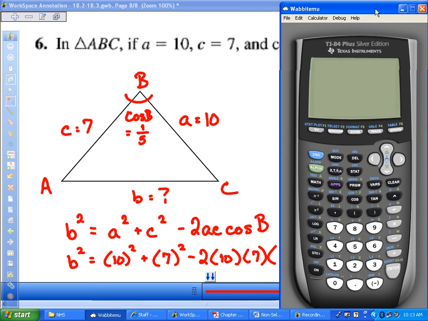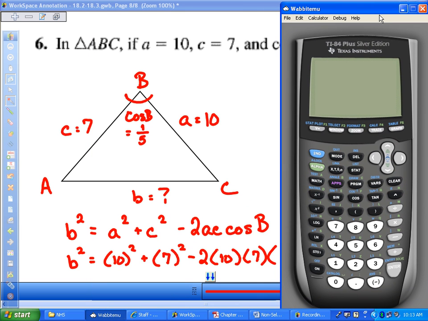Now in this case here, does it matter if we're in degree or radian? No, it doesn't matter because we don't have an angle. We know the cosine of the angle. So we're going to type in exactly what we have. Parentheses 10 squared plus parentheses 7 squared minus 2 parentheses 10, close open 7, and then parentheses 1/5.